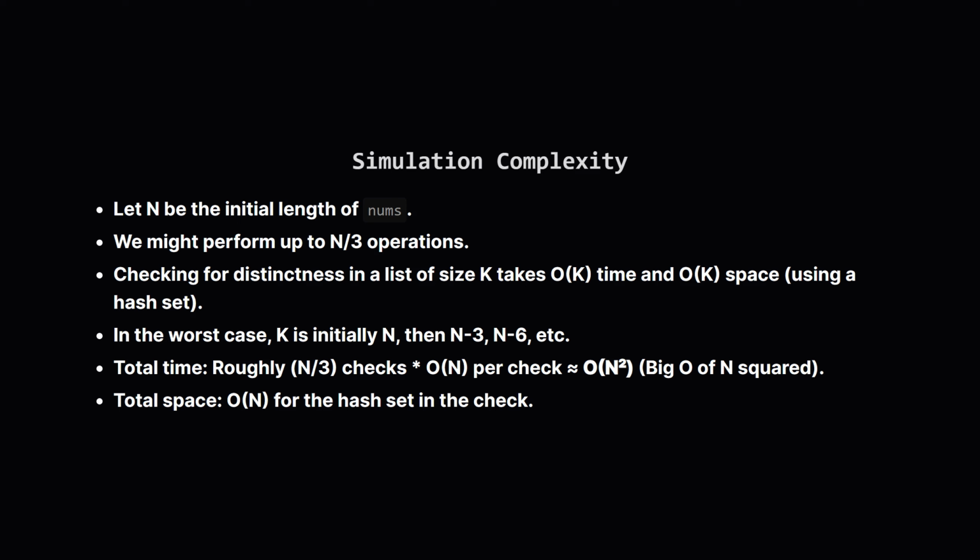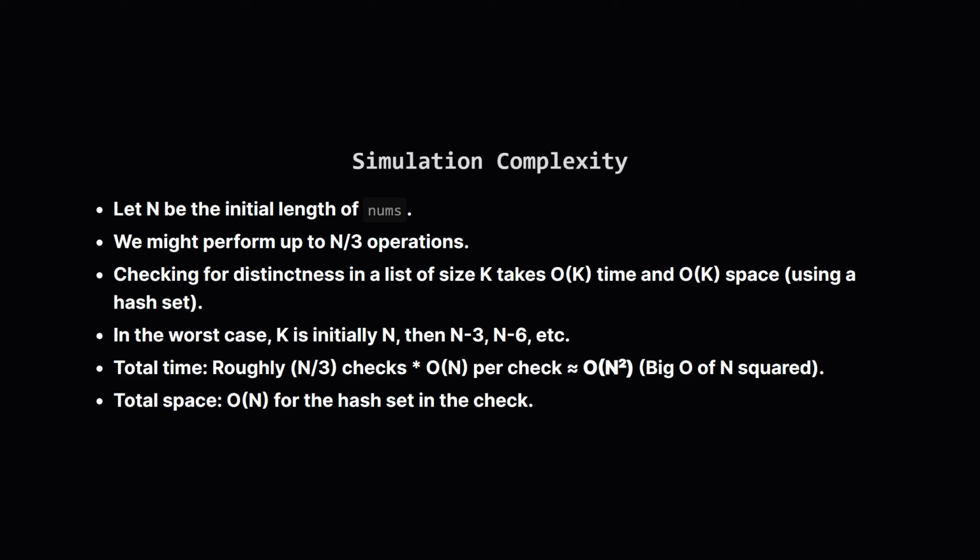So we're doing roughly n/3 checks, and each check might take up to order n time. Multiplying those gives us something like big O of n squared time complexity. That might be okay for small lists, but it could get slow if the list is really long. The space needed is mostly for the hash set we use during the check, which could also be up to order n space in the worst case.